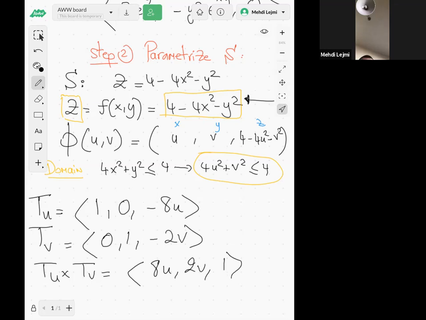Now, make sure that the orientation induced by the surface S is the correct one. S here is oriented, and the problem says oriented by a normal with a non-negative k component. So in your normal vector, the k component must be non-negative. Well, it's equal to 1, so it's not negative.